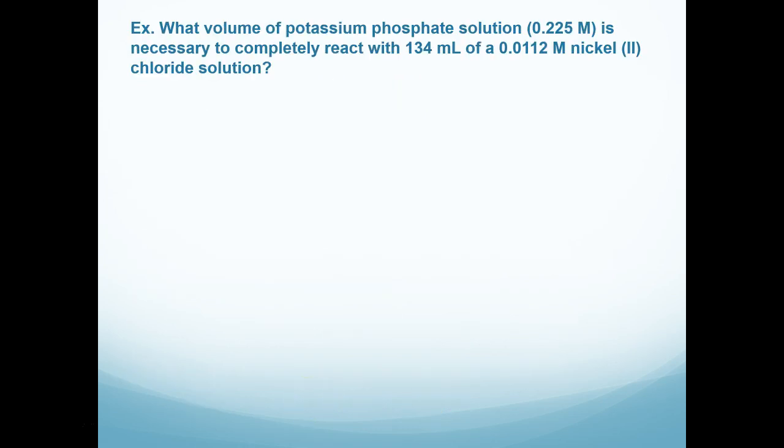So here is a problem that I want you to organize, and we'll talk about more in class. So let's just talk through it. What volume of potassium phosphate solution is necessary to completely react with 134 milliliters, and we're given the concentration of a nickel chloride solution? Very first thing I would do is, we know we're doing a chemical reaction.